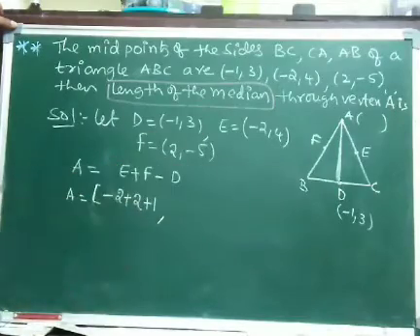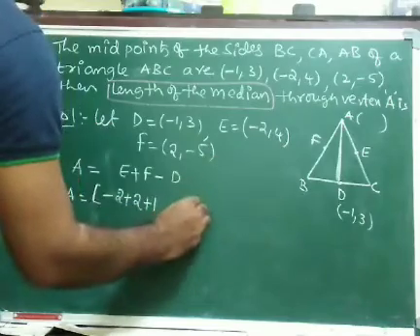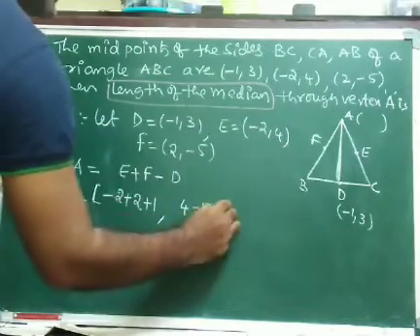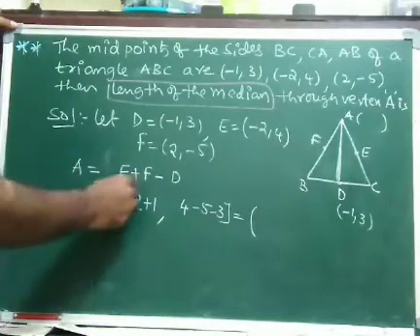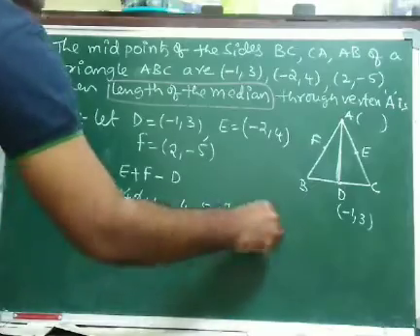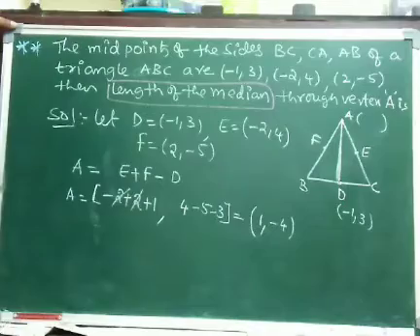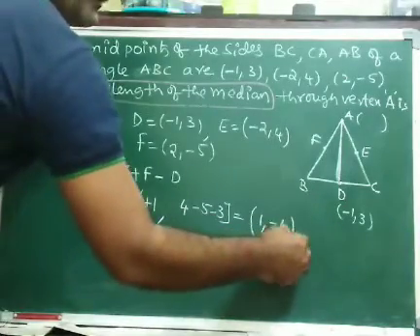Similarly, y coordinates. E plus F: E is 4 and minus 5, minus D, which is nothing but minus 3. So what is this? Minus 2 plus 2 gets cancelled, hence this is 1. 4 minus 8, which is minus 4. Now you know vertex A, which is 1 comma minus 4.